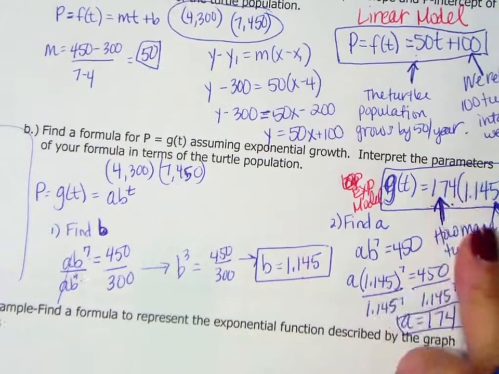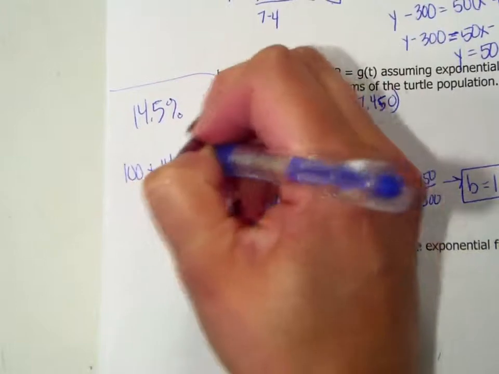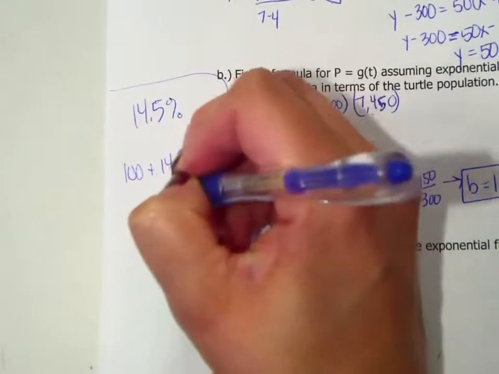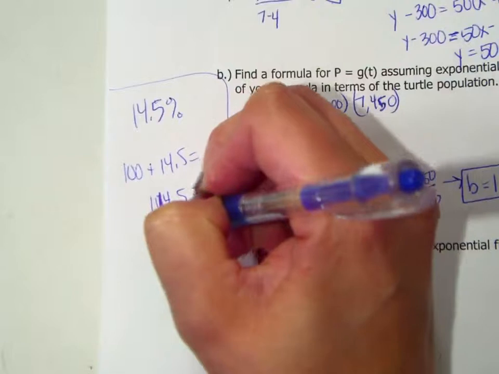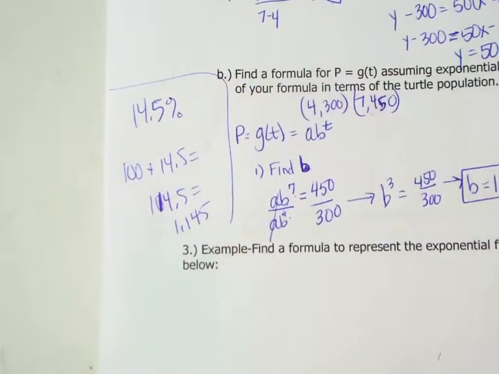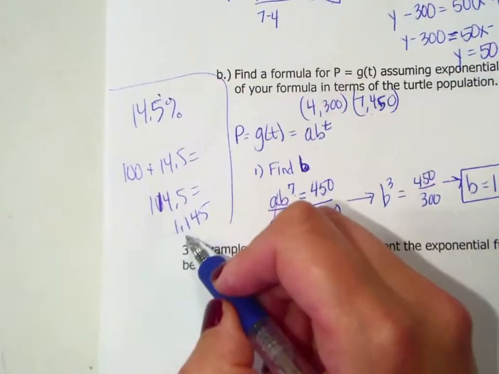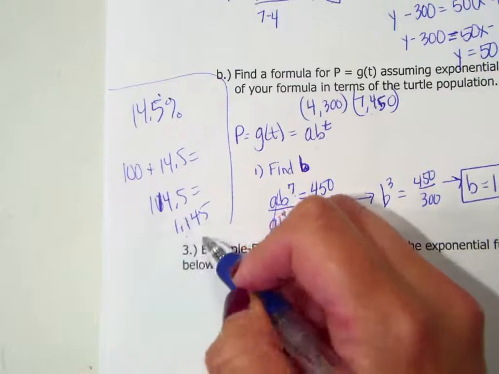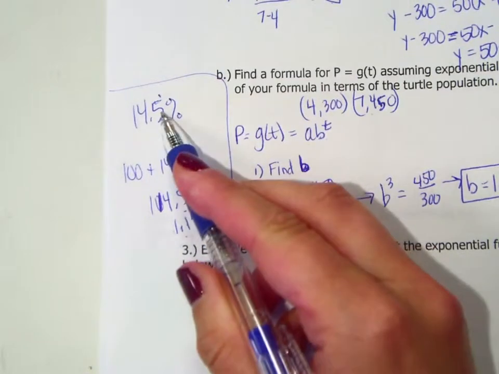To get that growth factor, to get that value of b, we took 100 plus 14.5. That was 114.5, and then we turned it into a decimal. So basically, we're taking that and working backwards. You can think about putting that back into a percent, taking out the 100. That would give you 14.5, okay?